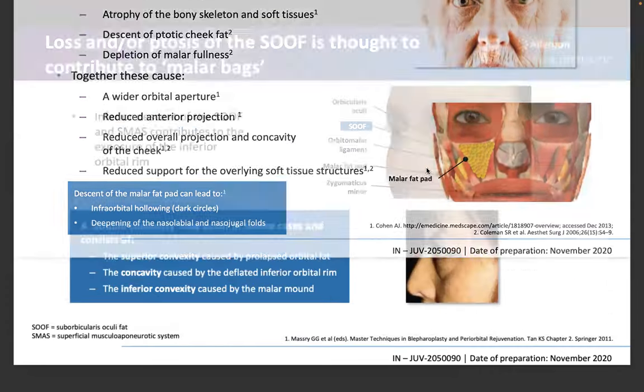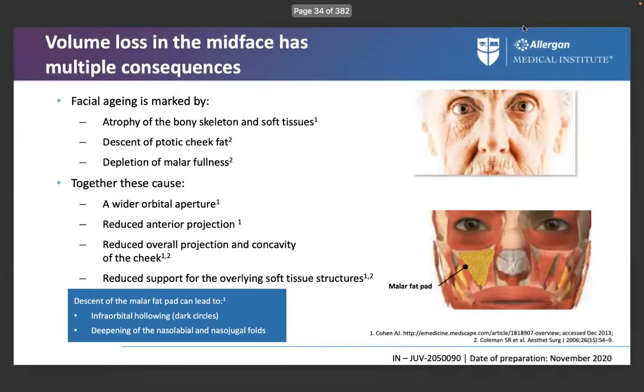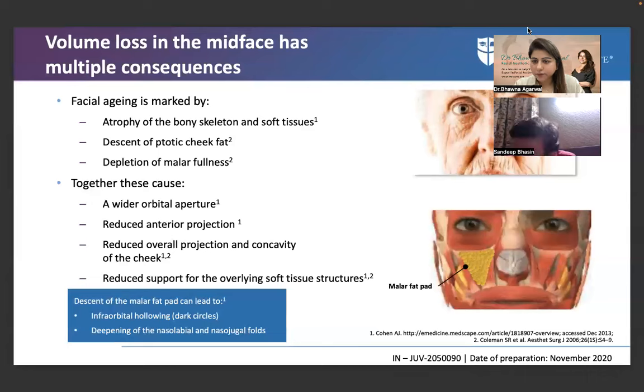Is this zygomatic cutaneous ligament more linked with the under eye hollowness or with the nasolabial fold? Both. It is one. All these structures are tied in the fascia and connect to the zygomaticofacial ligament, which is hooked over here.